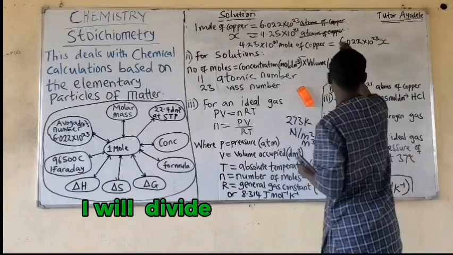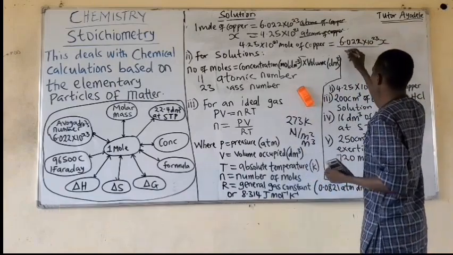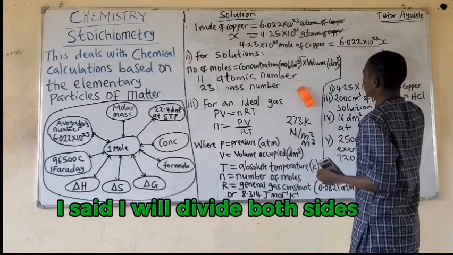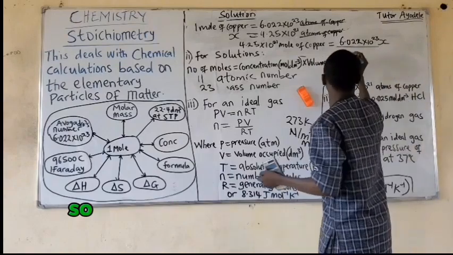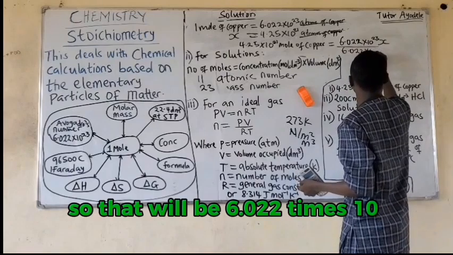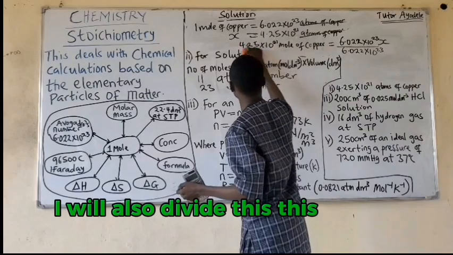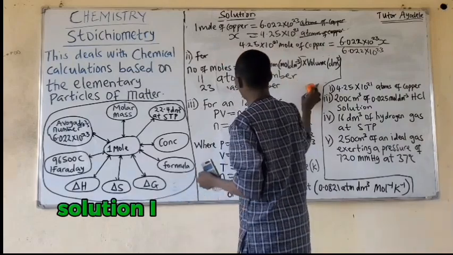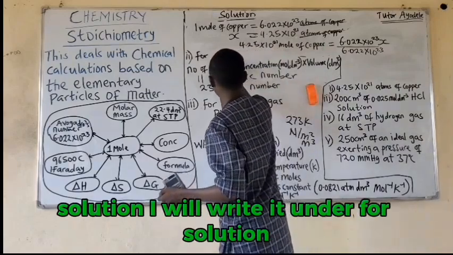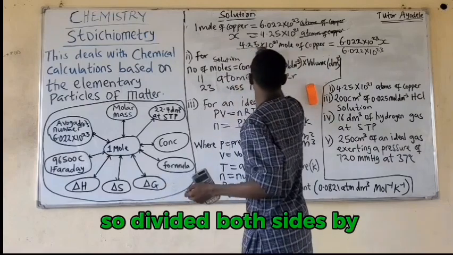I will divide both sides by everything beside X. And these are those things beside X. I will divide both sides by this. So that will be 6.022 times 10 raised to the power of 23. I will also divide this one too. Sorry, here is the solution, I will write it under for solution. So divide both sides by that.